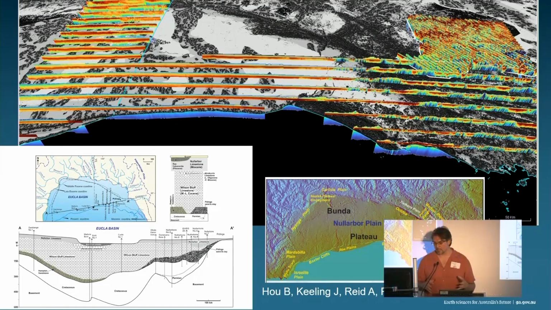So I'm highlighting a few things that are of interest for me that I think are coming up on the AEM. One is this feature here, the clay layers that are under the Wilson Bluff limestone, and you'll see in the next few slides.